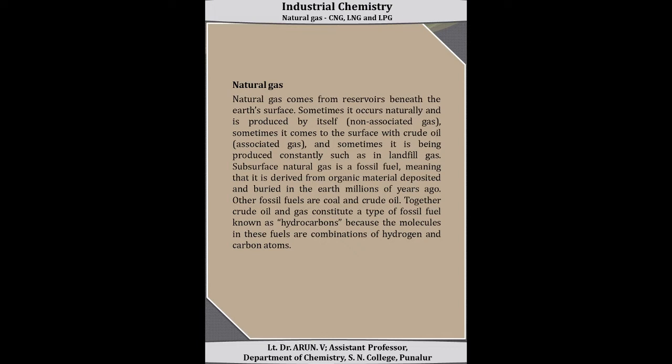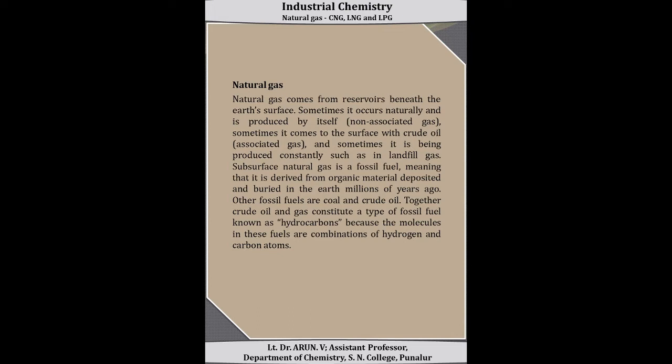Natural gas comes from reservoirs beneath the earth's surface. Sometimes it occurs naturally and is produced by itself. It is called non-associated gas, or in some other cases it comes to the surface with crude oil.